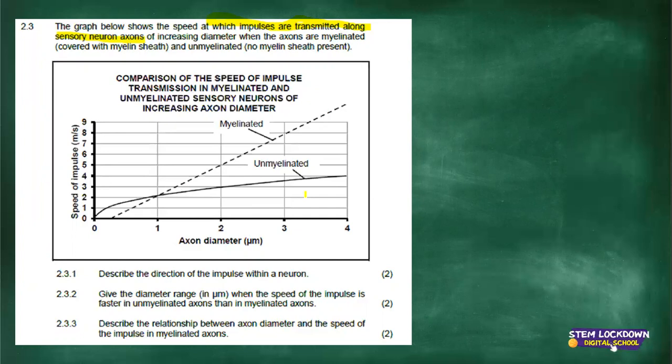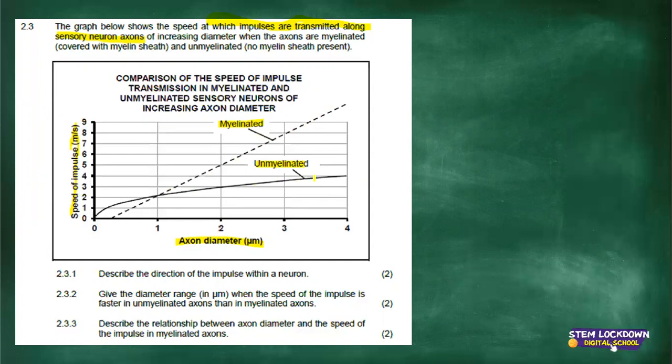On your x-axis, you have your axon diameter, which is in micrometers, and then you have the speed of impulse, which is in meters per second. The dashed line shows the myelinated, and the straight line, with no spaces in between, shows the unmyelinated.